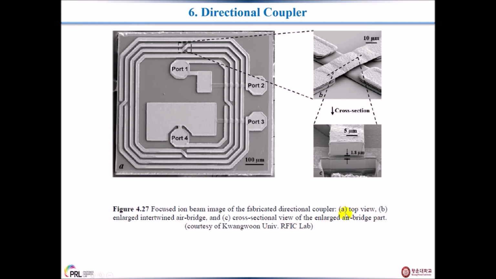A good implementation of two metal lines in one space between the primary side and secondary side is achieved, and could meet our requirement as shown in figure 4.27 B and C. B is a cross section of the directional coupler, and C is the enlarged form of the air bridge part of the directional coupler.